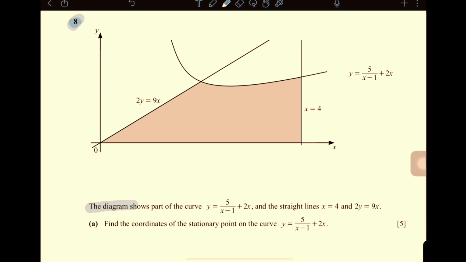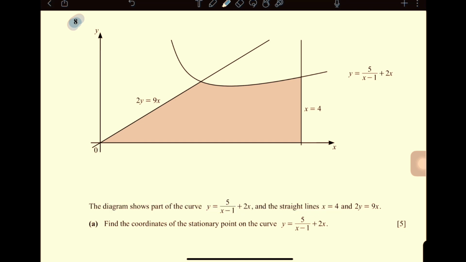The diagram shows part of the curve y equals 5 by (x minus 1) plus 2x and the straight line x equals 4 and 2y equals 9x. We need to find the coordinates of the stationary point. To find the stationary point, we don't need the graph at all.